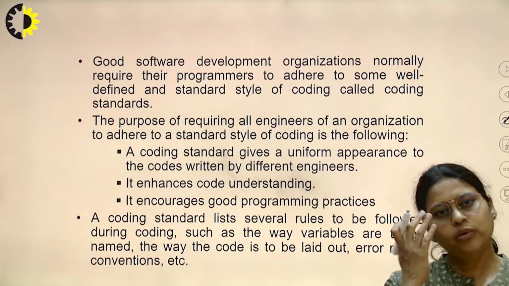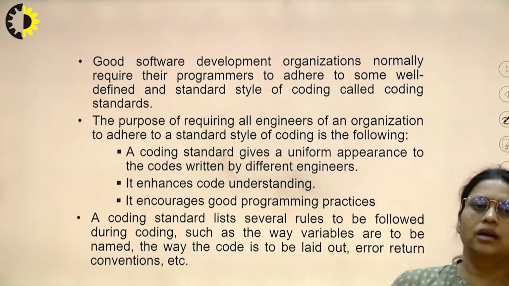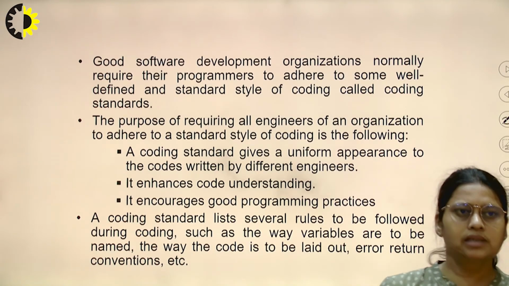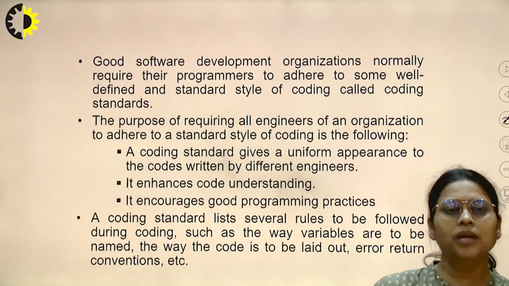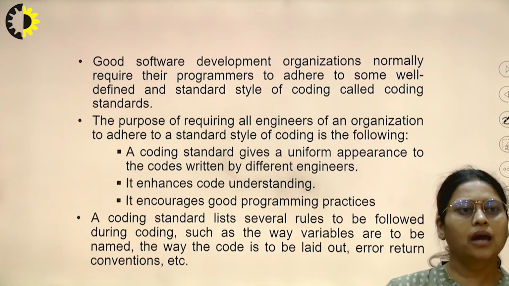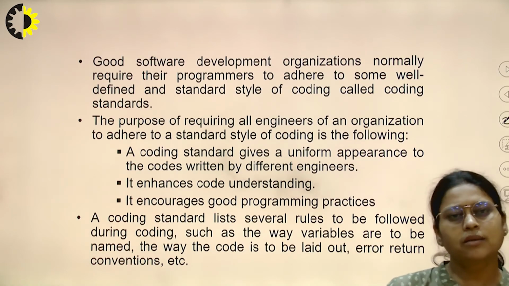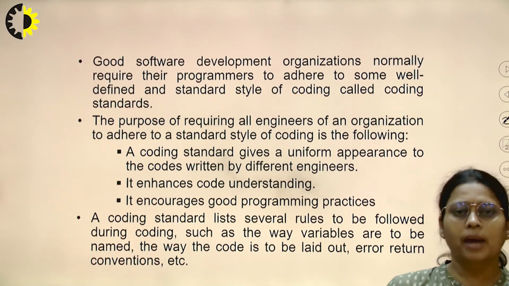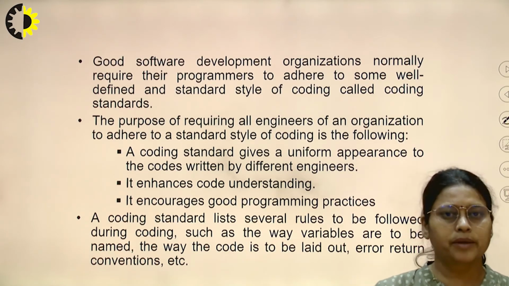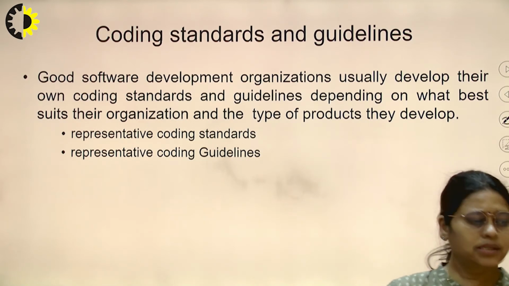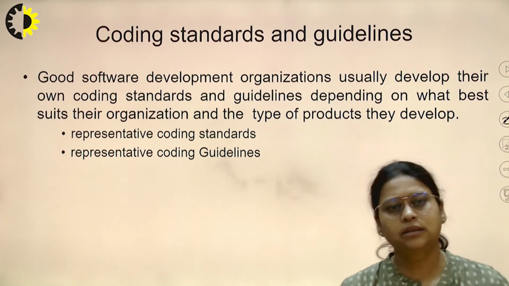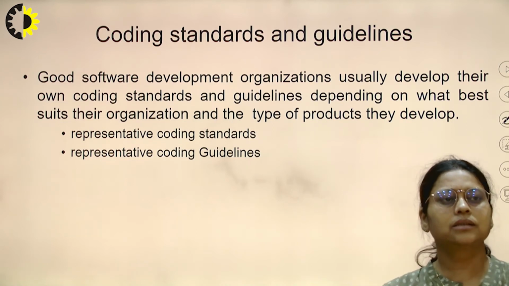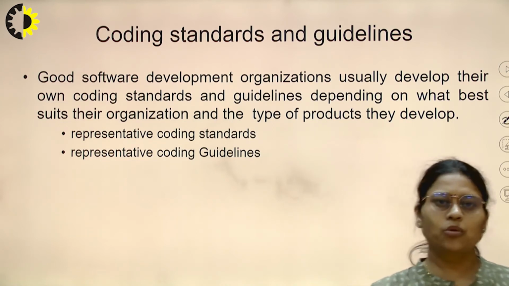When we have to declare variables, we will give a specific or unique name for the variables, the way the code is to be laid out, error return convention, etc. These are some basic concepts which we have to keep in mind at the time of programming. These are some coding guidelines and standards, basic standards or guidelines which are followed by each and every programmer.